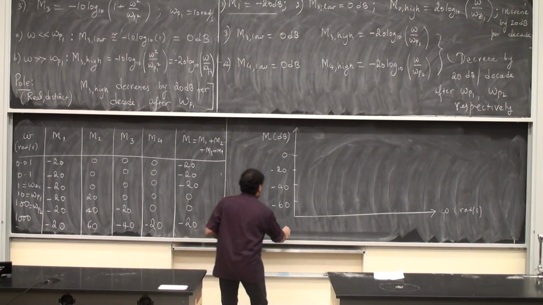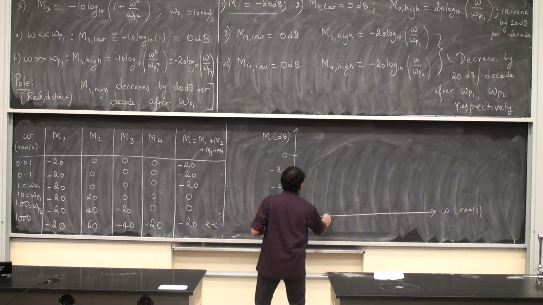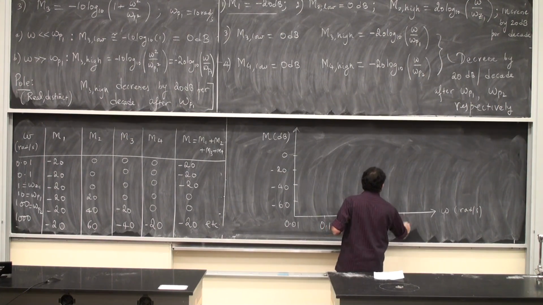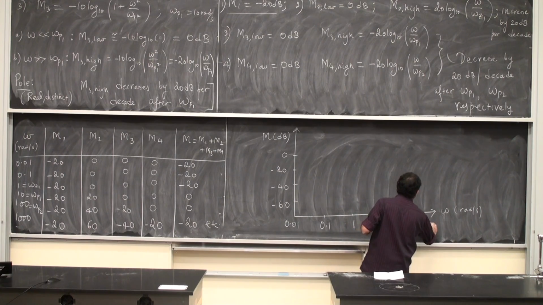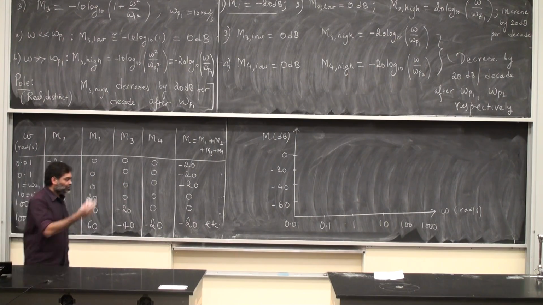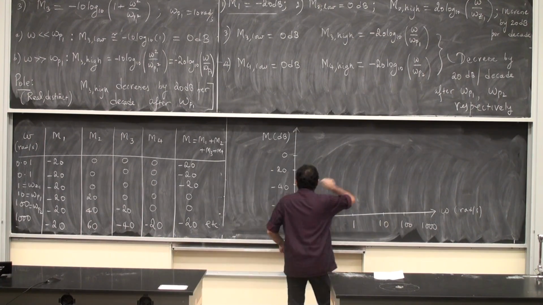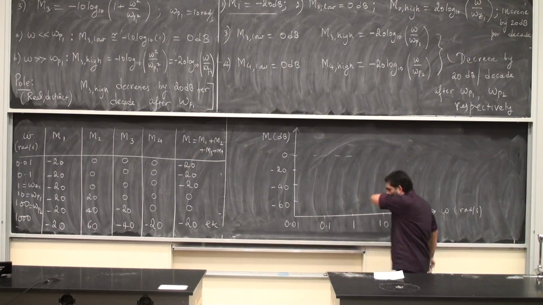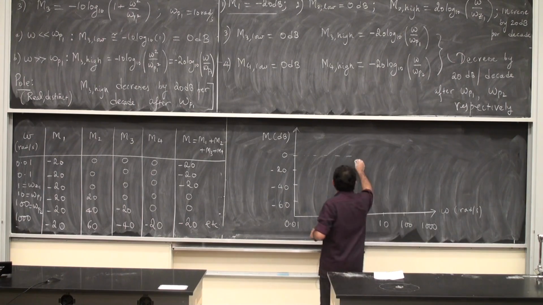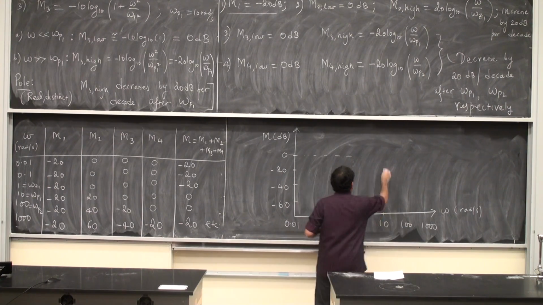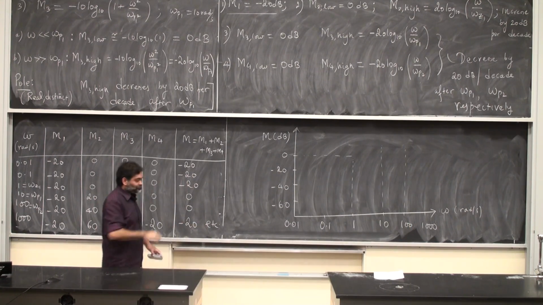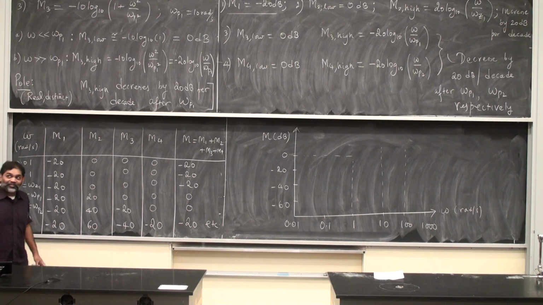Then I have 0.01, 0.1, 1, 10, 100, 1000, and so on. Draw lines at the corner frequencies.